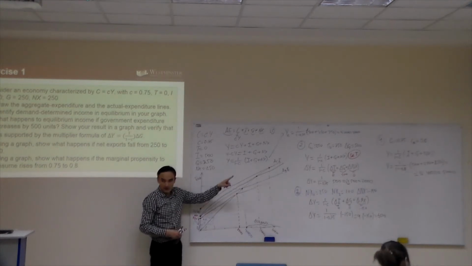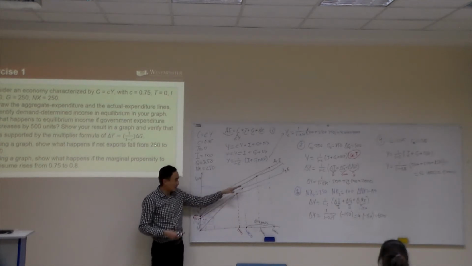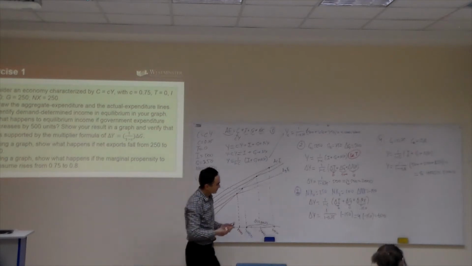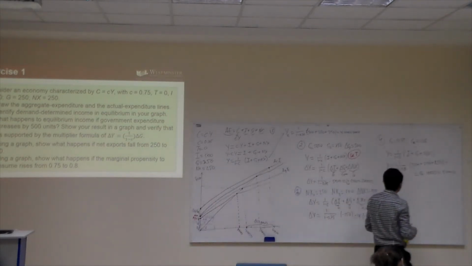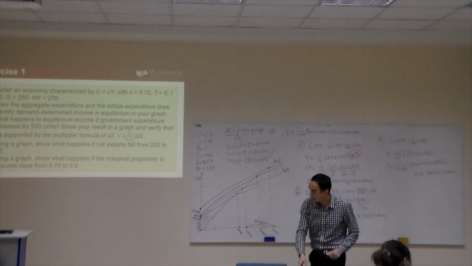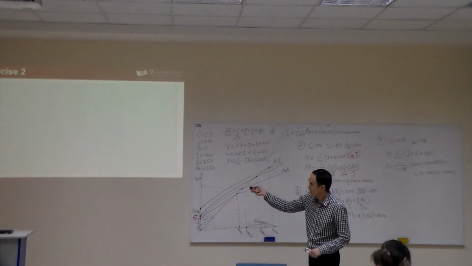So the greater the marginal propensity to consume, the steeper will be the curve of aggregate expenditure. Okay, the steeper. So this is regarding this one. Good. So now let's move to exercise 2.